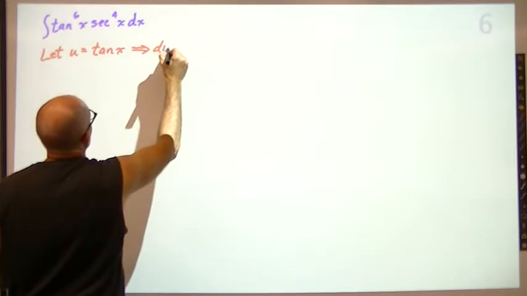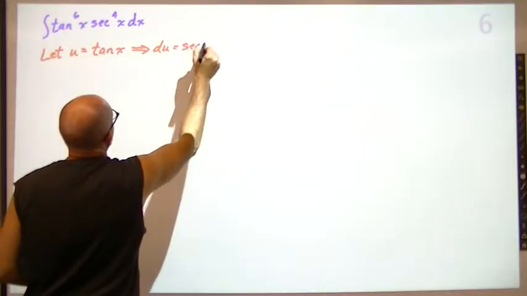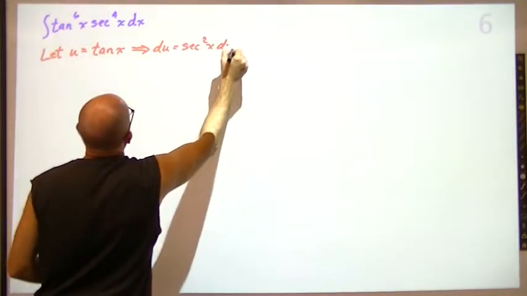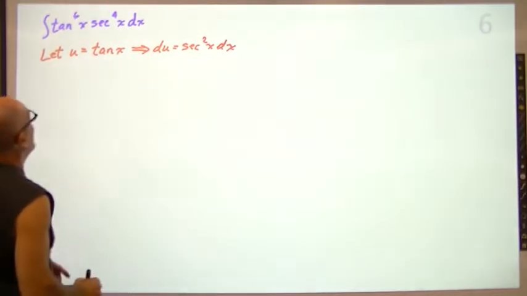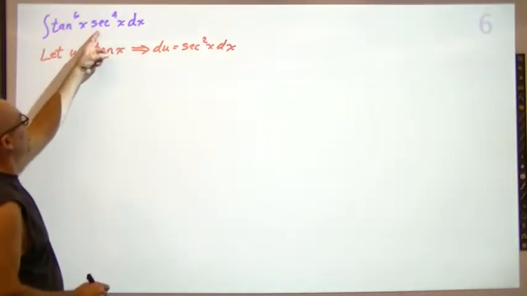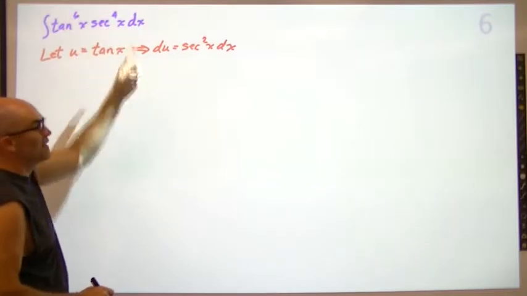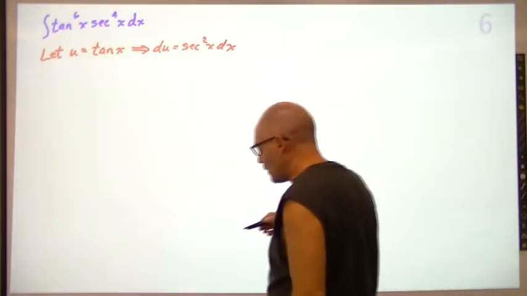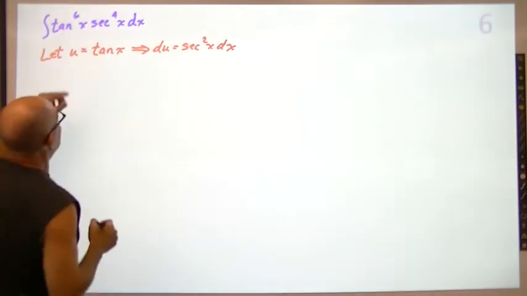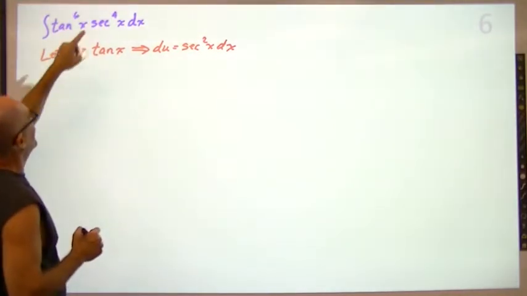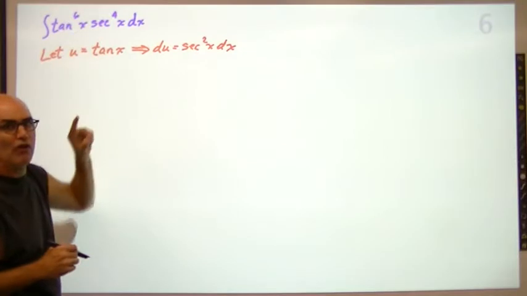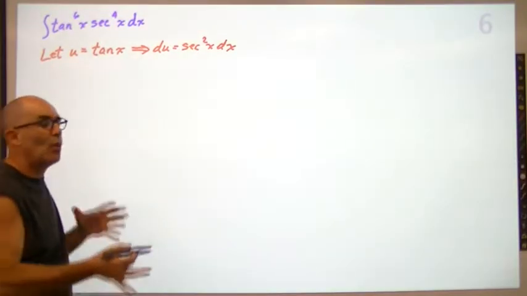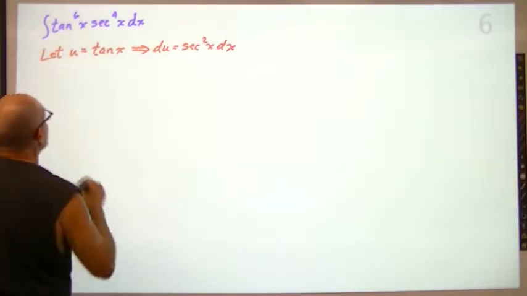That means du equals secant squared x dx. Now I can rewrite this with the secant squared dx part right there. But now there's one more thing. We're going to have to change the secant that's left over into a tangent. Well, how do we change secant to tangent?